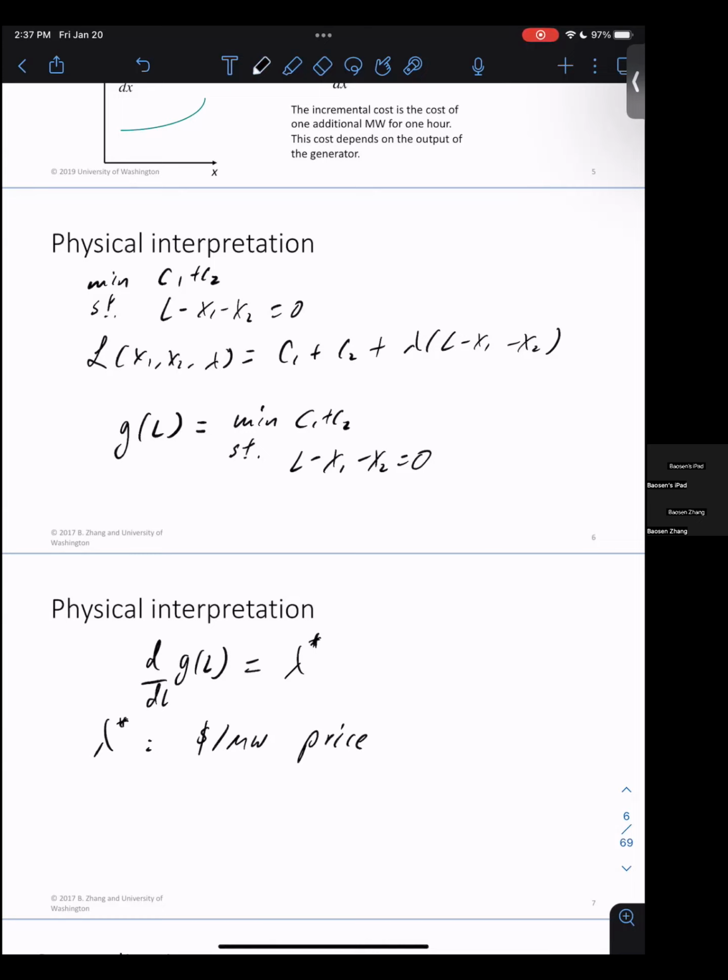So if you change the load, generating more load gives you this price. This relates the physical parameter L to a cost. Any questions about this?